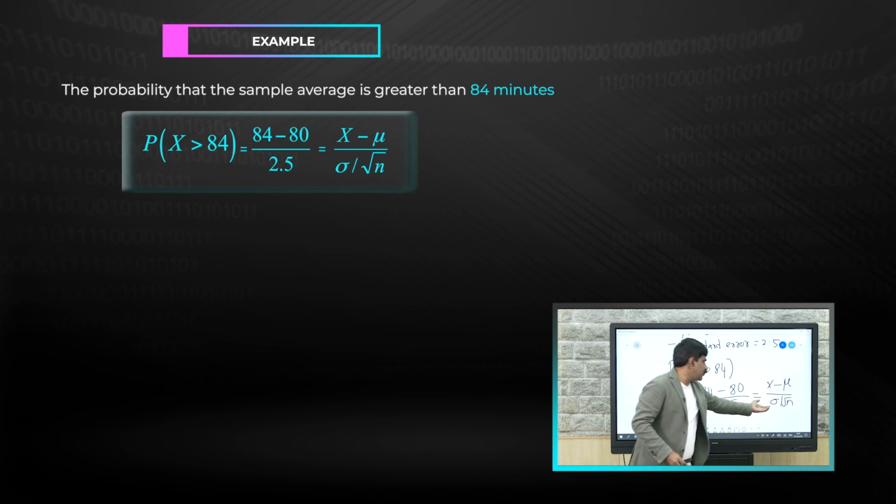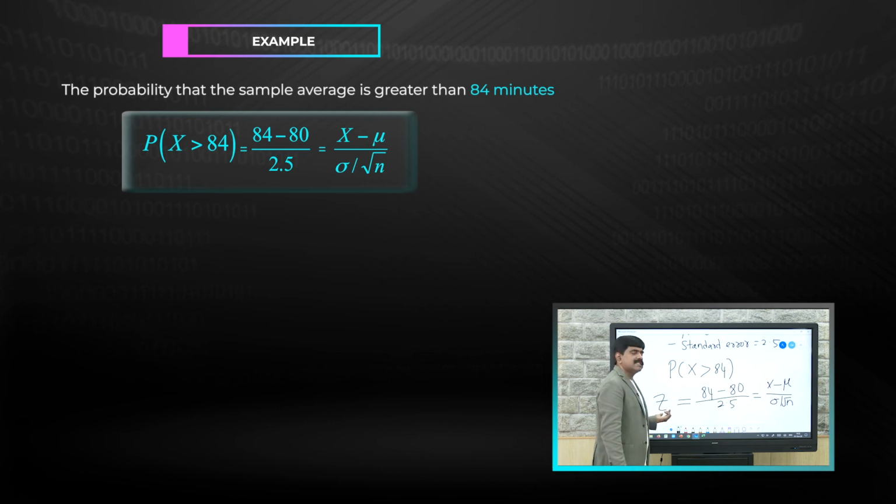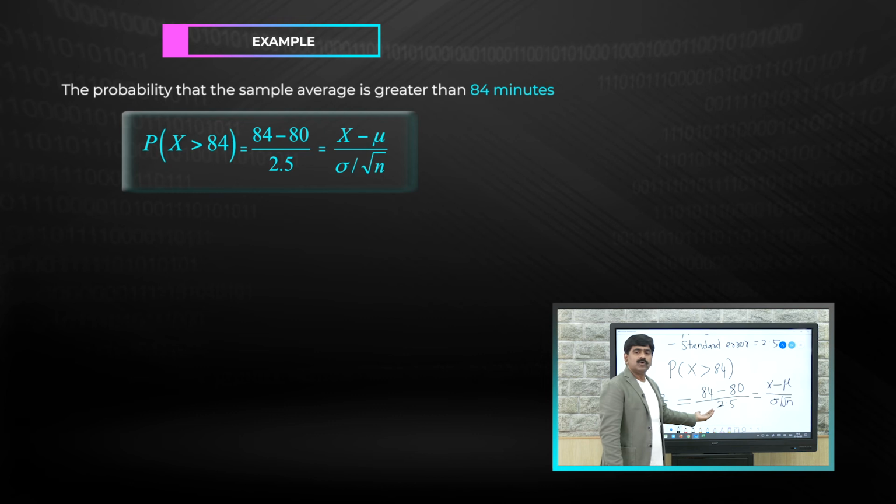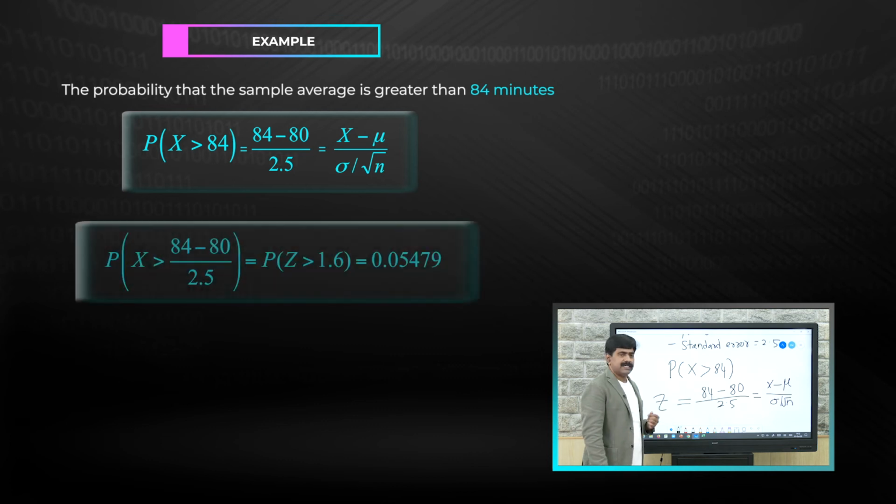From the central limit theorem, this will follow a standard normal distribution. So either I can calculate the probability directly, where we are looking at the probability x is greater than 84, where the mean is 80 and the standard deviation is 2.5, or I can convert that into a standard normal distribution and calculate the value.